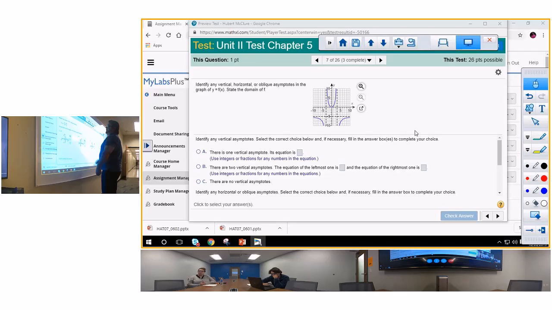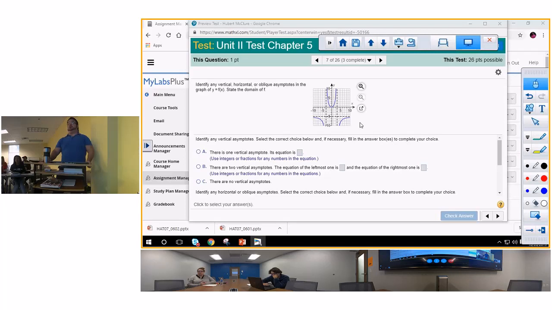You're not going to be able to do the equation because you're not going to get enough information. But the domain would be negative infinity to negative what? 3? Yes. Then negative 3 to 3, and then 3 to what? Infinity. The range would be negative infinity to negative 5, and then from 0 to what? Infinity.